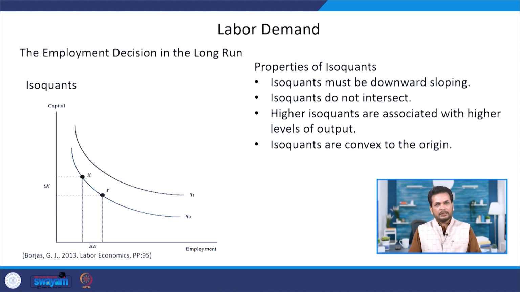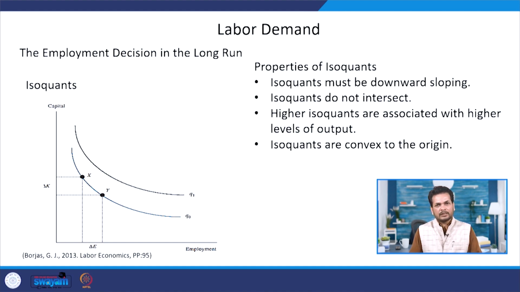If you look at the properties of these isoquants, they are quite similar to the properties of the indifference curve. The isoquants must be downward sloping because of diminishing returns. They should not intersect with each other.